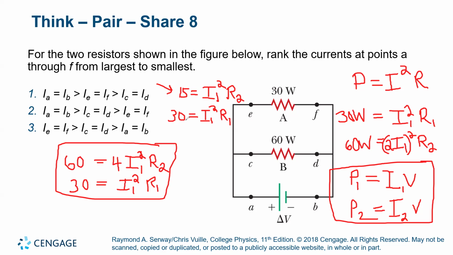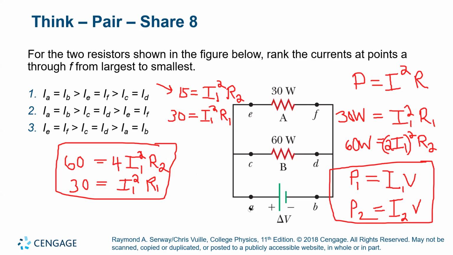Well, it depends on how good your intuition is on this, but the larger power value has the smaller resistor. The larger power value, the 60 watt, has the smaller resistor. It is half the size of R1. All right. So having said that, we're going to do one more example with real numbers now.